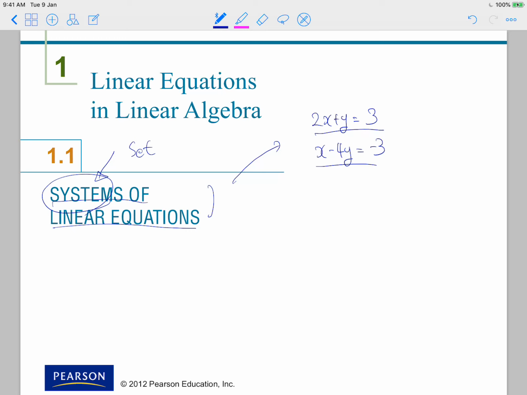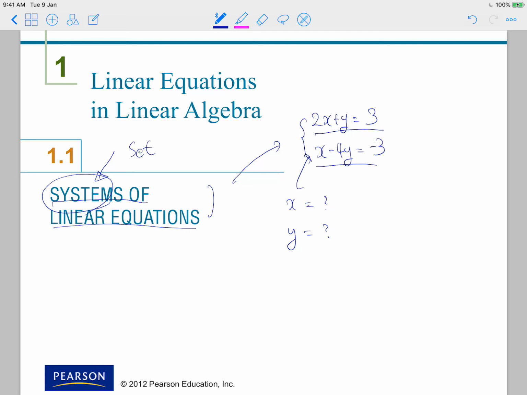So we have two linear equations. We will see when we can call a particular equation a linear equation, but anyway, we see at least two of these equations. And what's the meaning of solving this set of equations? We want to find specific x and y values that satisfy all of the given equations.